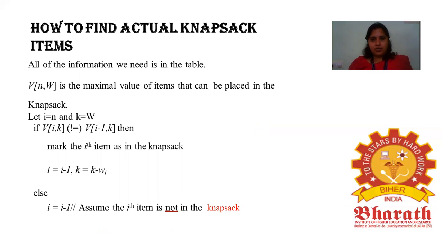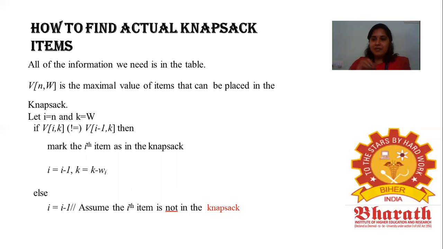So this is an algorithm. All the information we need is present in the table. V of n comma w is the maximum value of items that can be placed in the knapsack. Suppose i equals n, then k equals w, then we are checking. If that is not equal, then we mark that item as inserted in the knapsack.